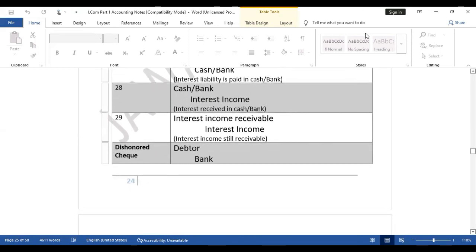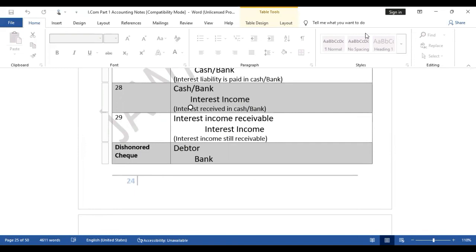Similarly, when any interest is received from the bank against the investment that we have made, the investment may be short-term investment, medium-term investment, or a long-term investment, the entry on receiving interest will be cash debit, interest income credit.